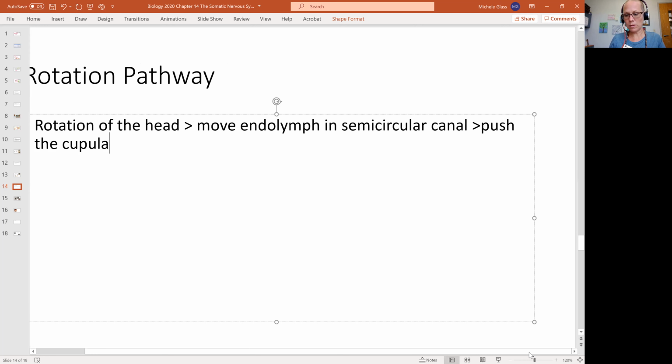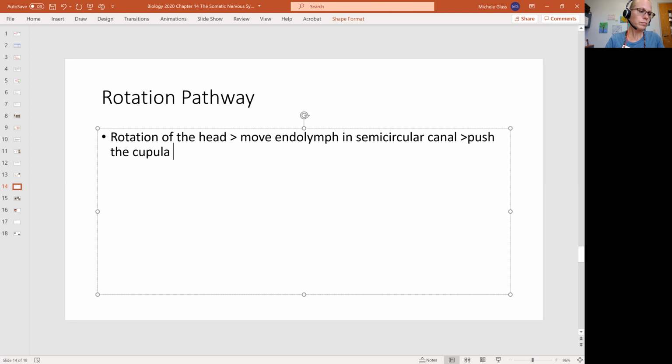And when the cupula is pushed, then this is going to bend the kinocilium of each cell and stereocilia. So each hair cell has, of course, a single kinocilium and multiple stereocilia.